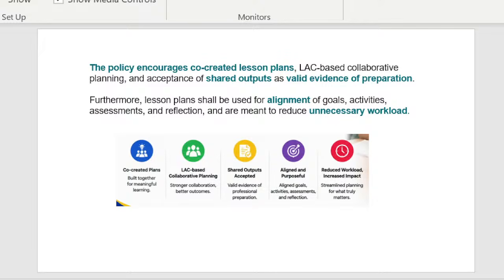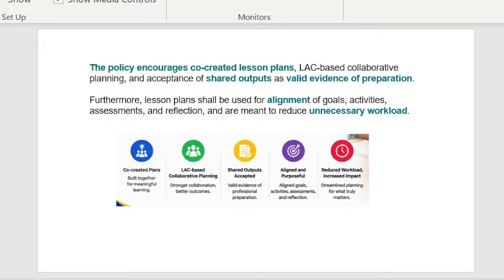So that can be done during the LAC session. Preparing lesson plans can be done in a Google Drive where everyone will input and work collaboratively. So this is the 21st century. We can use technologies. Teachers can co-create lesson plans using the web. That's the encouragement of the new policy.